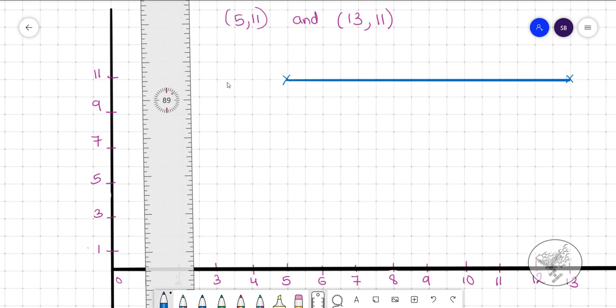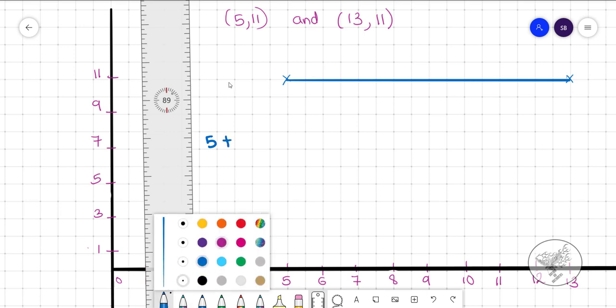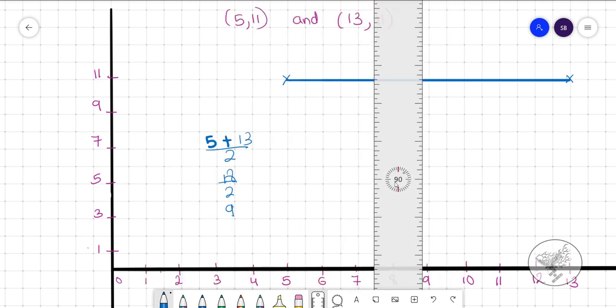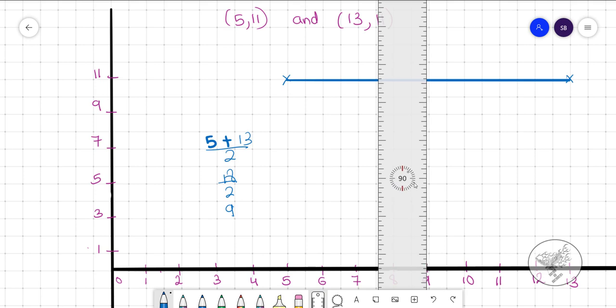So to find the midpoint, let me take only the x coordinates, which is 5 plus 13 over 2, that is 18 over 2, which is 9. So I have to draw a vertical line at x equals 9. X equals 9 is here.